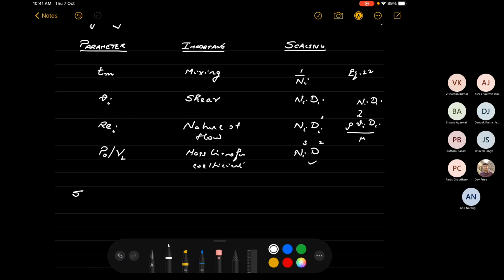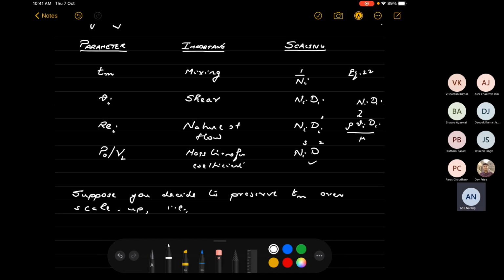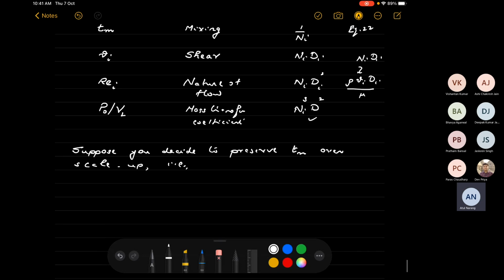Suppose you decide to preserve mixing time over scale up. So you say that I am going to keep TM1. Once again, 1 is for small and 2 is for large. Supposing I want to keep the two mixing times the same. Correct?